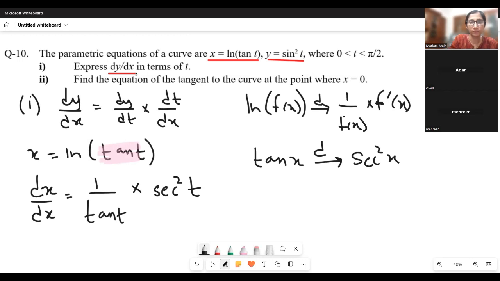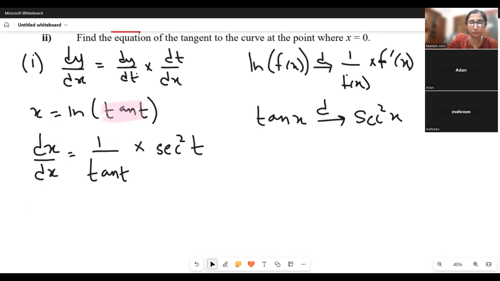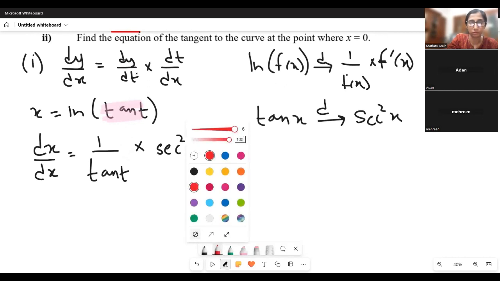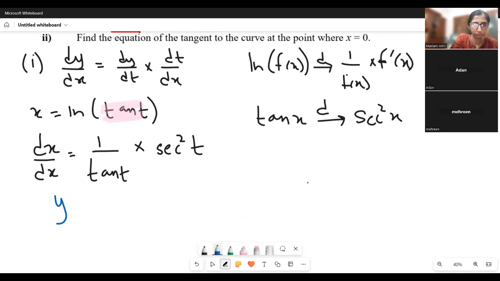Okay. Similarly, now we derivate y equals sine squared t.